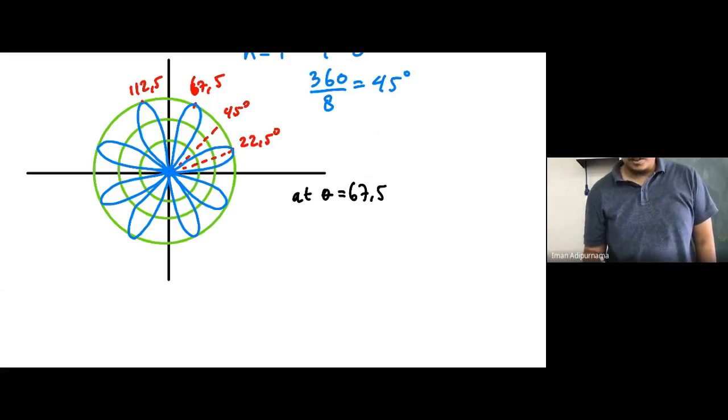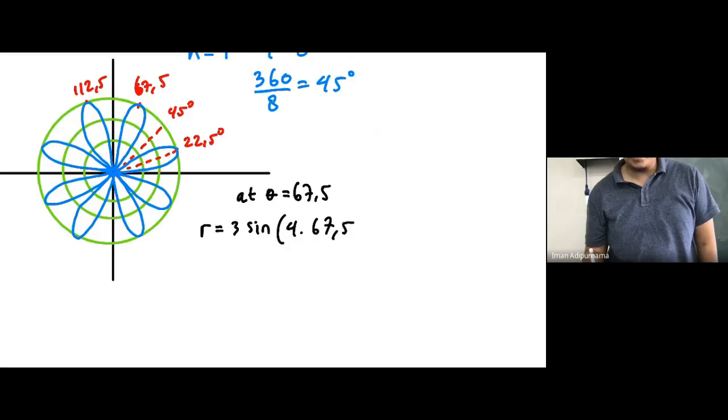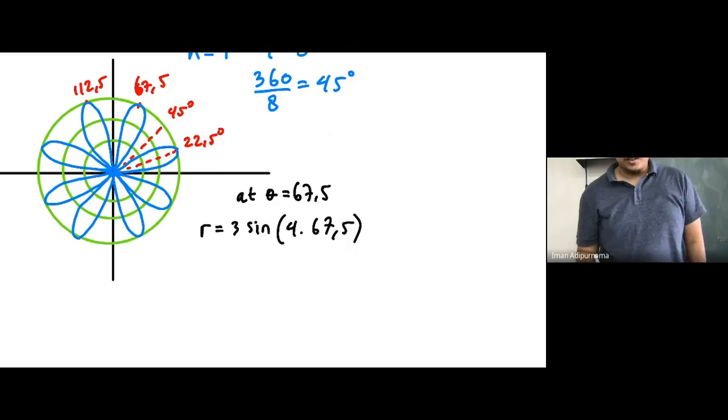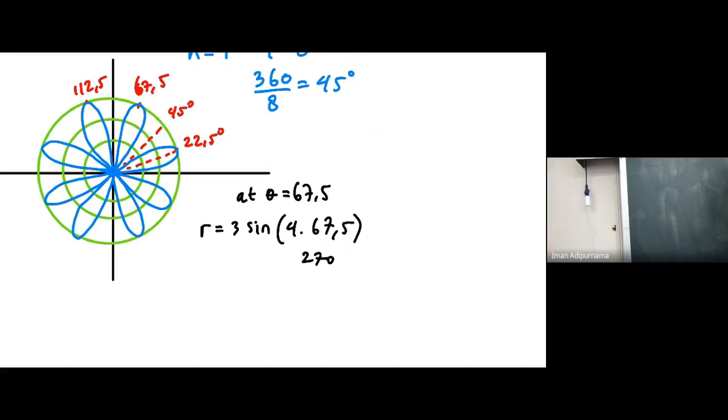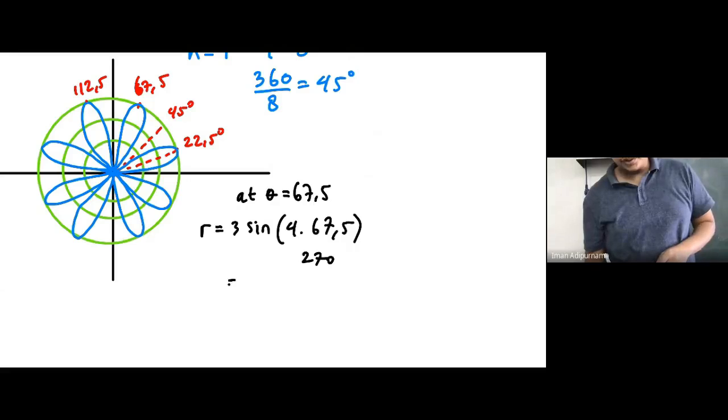Our r becomes 3 sine 4 multiplied by 67.5. This is 270. What is the sine of 270? It's -1, right? So it should be -3.